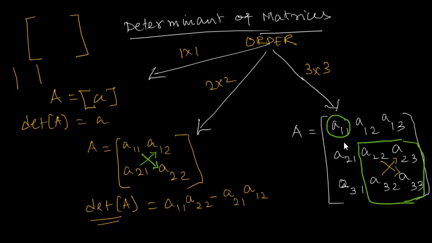Similarly, for the first row, you have to take this one, then A12. When you take A12, you have to consider A21, A31, A23, A33. Why? Because we have to leave that row and leave that column also. And A13 means you should not consider this column when you take A13.